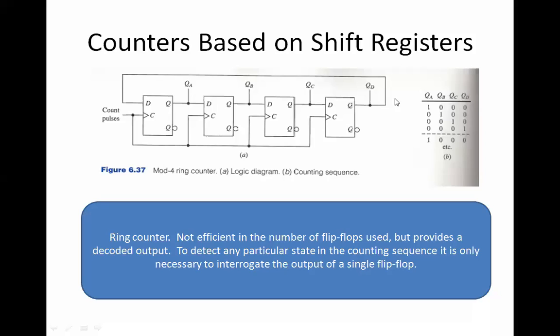So it is either of the models: serial in, serial out, or serial in, parallel out. But here, since we are talking about a ring, ultimately we wouldn't take outputs from A, B, C, D. This is just kept for your reference, so that you can tap into these values at any point of time. D value you can tap, B value you can tap and access, A value you can tap and access.